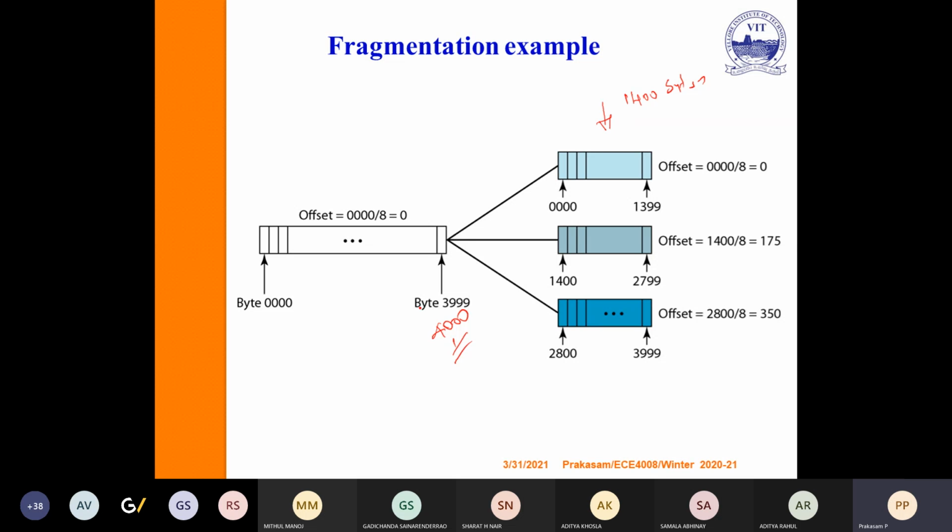So we fragment, breaking that 4000 into 1400 each: 0 to 1399, 1400 to 2799, 2800 to 3999. So we are dividing the entire packet into separate datagrams.